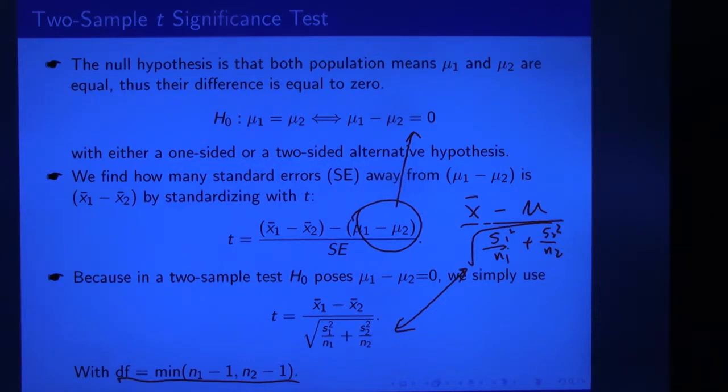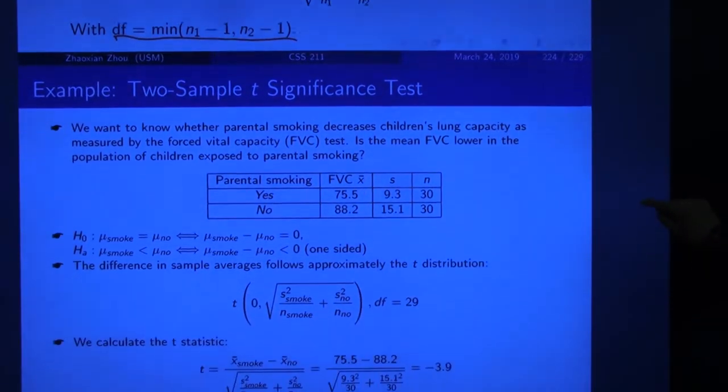Instead, we are going to use the standard deviation of the samples to approximate them. So we are going to calculate the z-score and the t-value respectively. Once we calculate this, we can solve the problem. So next, we are going to use one example to show how to do this.